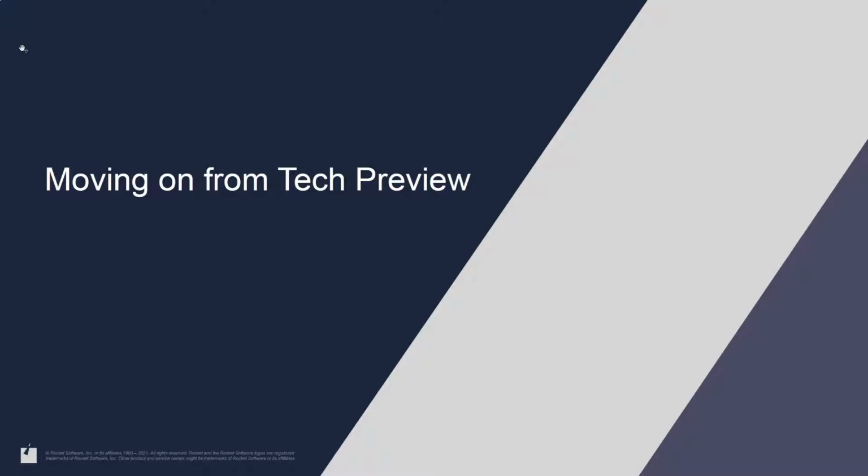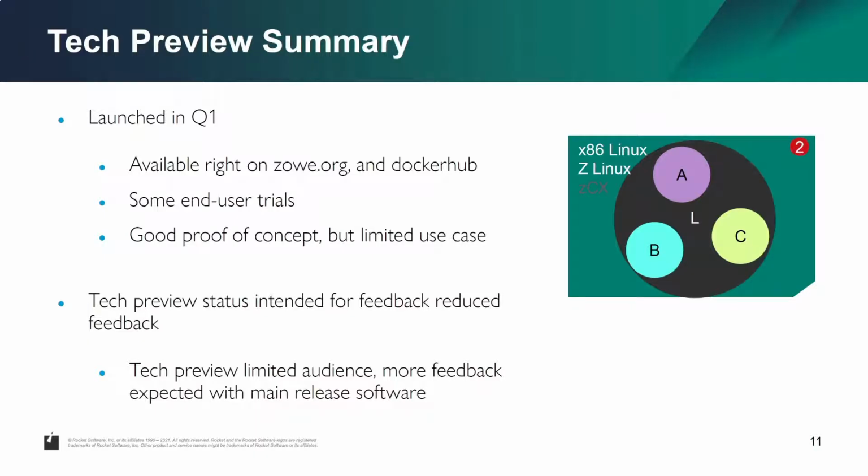So let's do a quick review of what we initially did when we were looking at containerization for Zowe. In the first quarter, we launched what we called a tech preview of containers, and it's available right now on zowe.org and Docker Hub. Some people used it, and it was a pretty good proof of concept to show how we could put the Zowe servers into Docker, but there were some limitations in how you could use it and where you could use it.